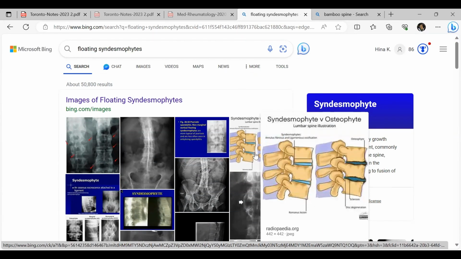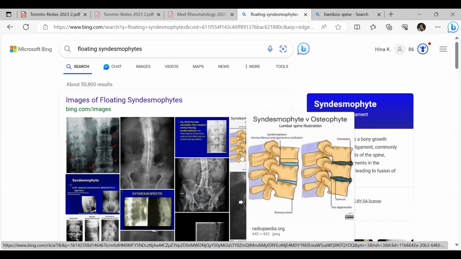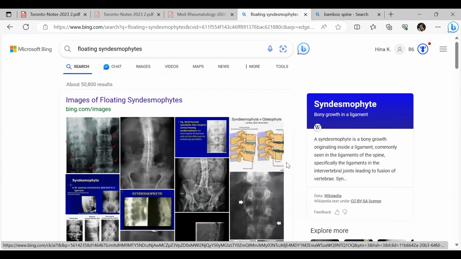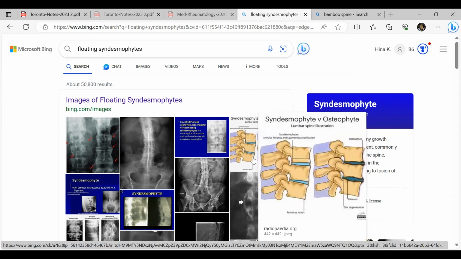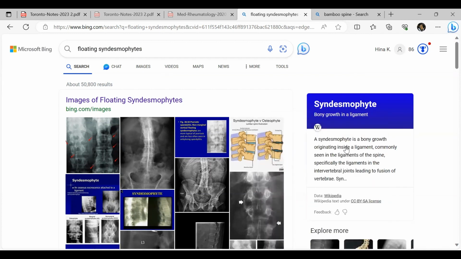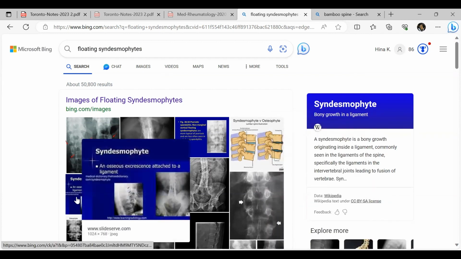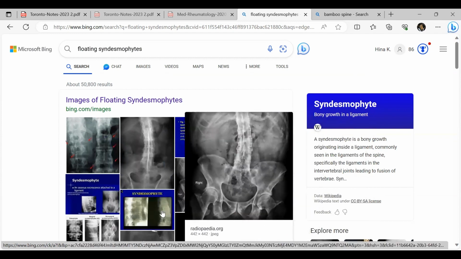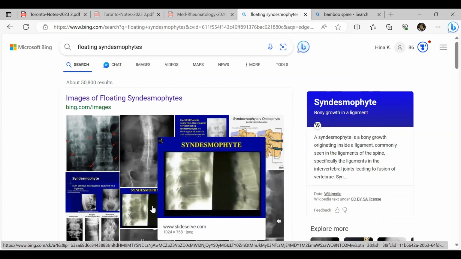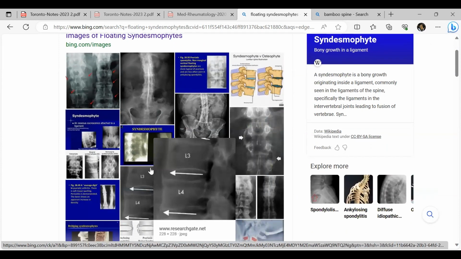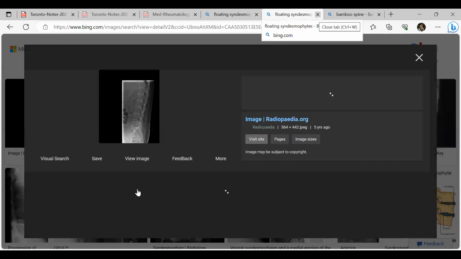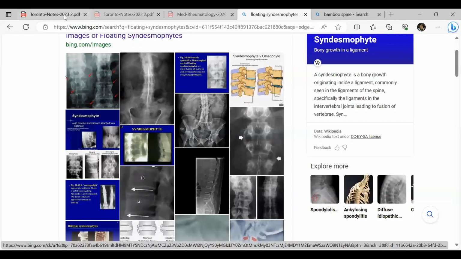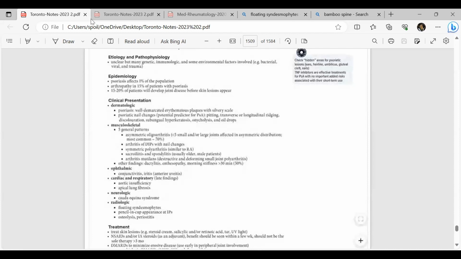Okay, an osteophyte, see, this is the difference. It's the outer one, and this one is the inner, bony growth inside. It can be appreciated over here, the arrow one. And the other one is the pencil-in-cup appearance.